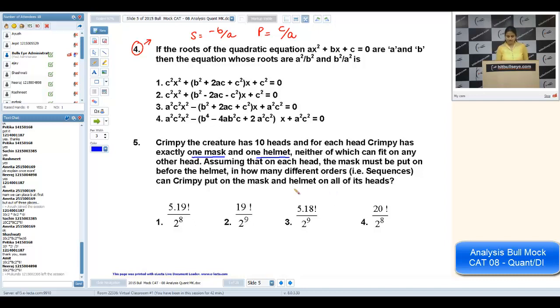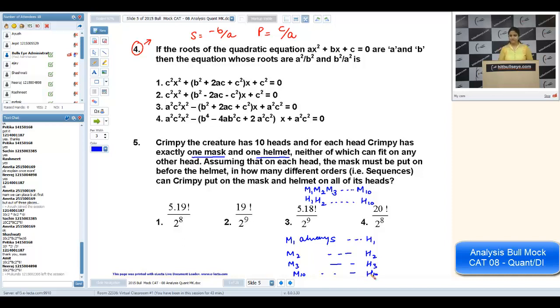Okay, so I'm taking the masks as M1, M2, M3, so on up to M10, and the helmets as H1, H2, and so on up to H10. So what is the condition here? It says M1 always comes before H1, M2 always comes before H2, M3 always comes before H3, and M10 always comes before H10.